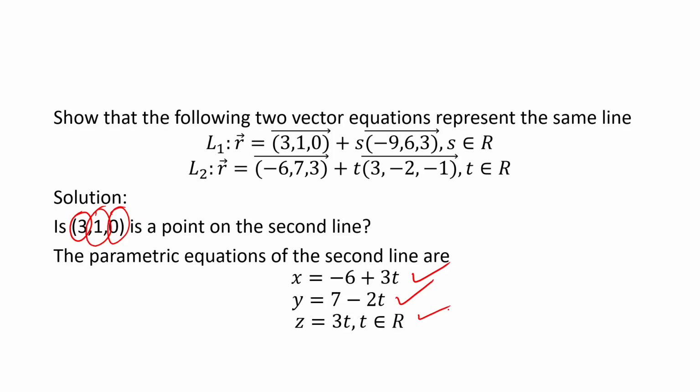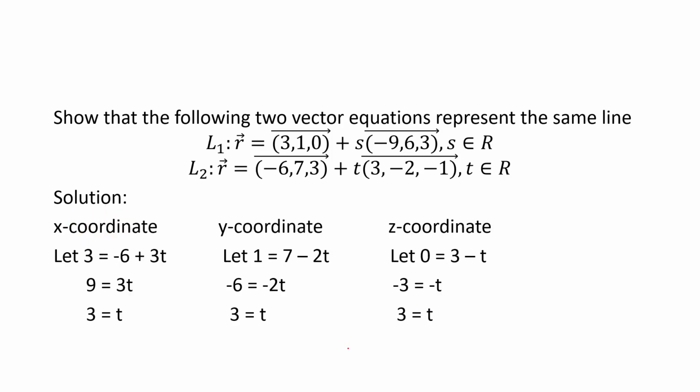If we get the same value for t for all of them, then we will have shown that (3, 1, 0) is a point on the second line, and therefore that the position vectors can be interchanged. And I'm just recognizing here a little typo. It says z equals 3t. It should actually say z equals 3 minus t. We're missing a minus sign there.